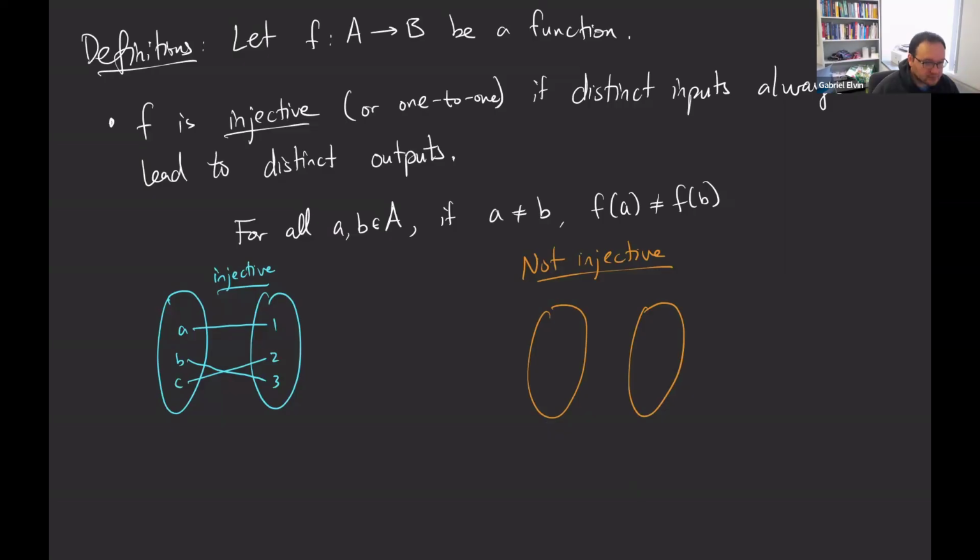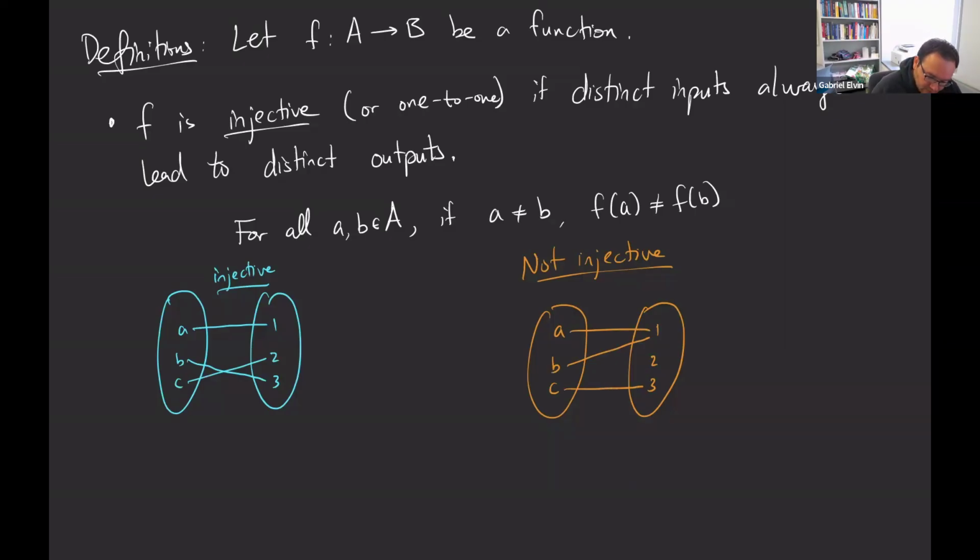So again, the logical negation of this quantified statement gives us that. So what it would be to not be injective is something like this: A and B, which are distinct, both go to the same output, like 1.